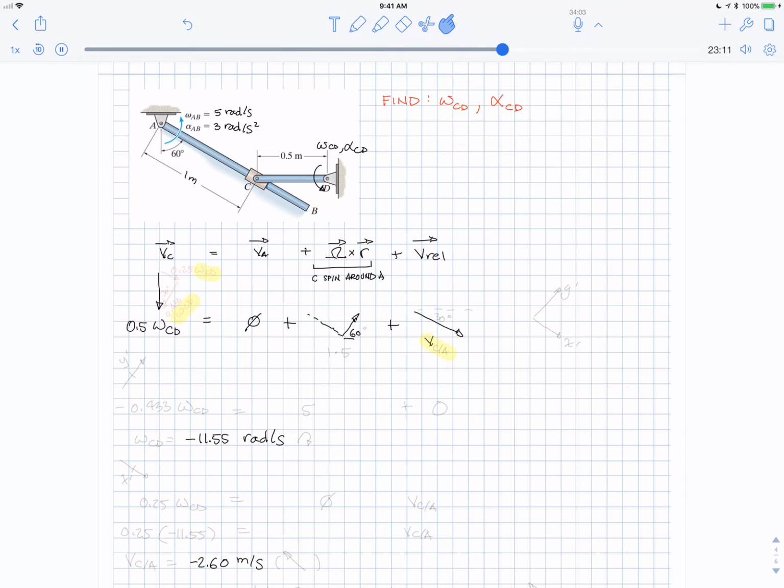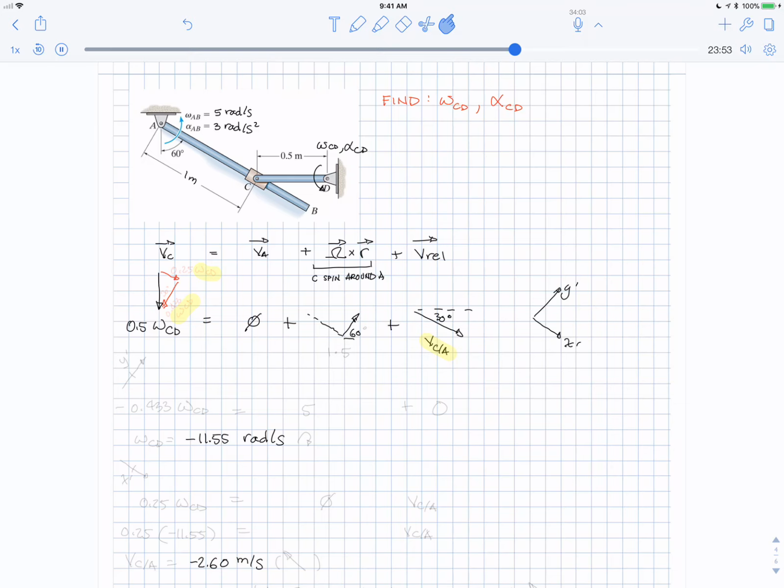So that'll be V C relative to A, and that's going down that arm, which is at 30 degrees below horizontal. Since I learned from my previous experience that the best coordinates to take are along this arm, I'm going to call that X prime, and this way Y prime. So we have to break down V sub C into its components going that way and this way.